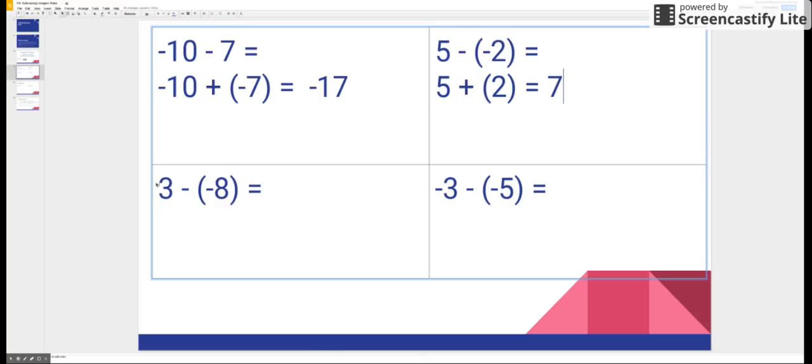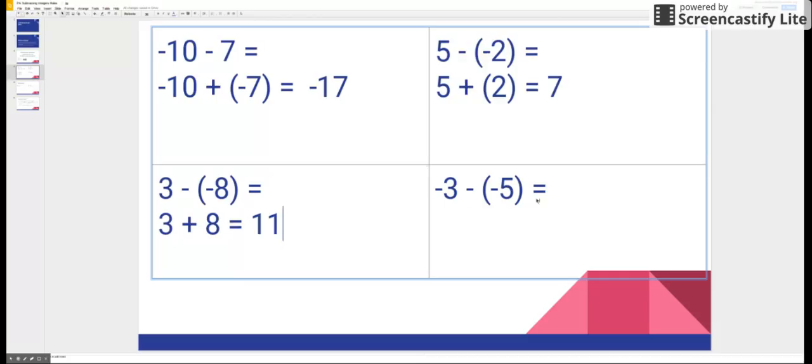Alright, so my next problem is 3 minus -8. I'm going to keep that 3. Then I'm going to add the opposite. The opposite of -8 is +8. So 3 plus +8 equals +11.